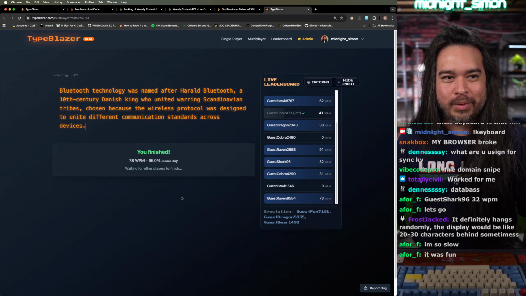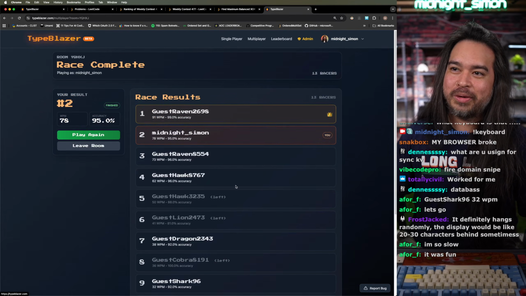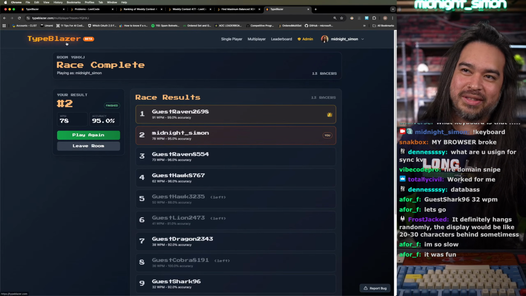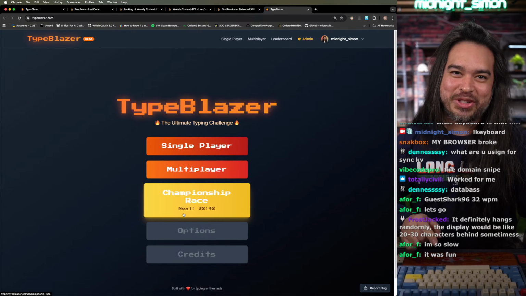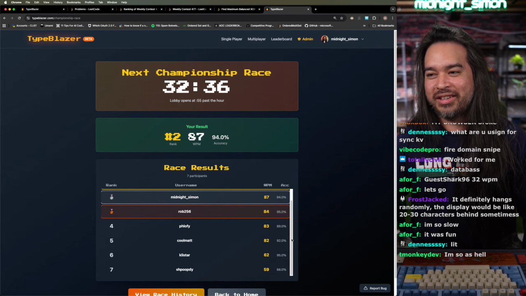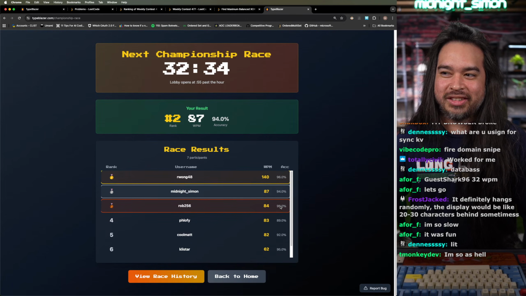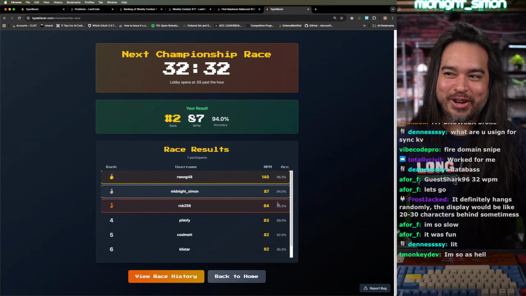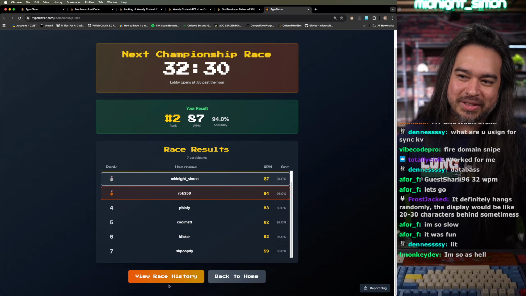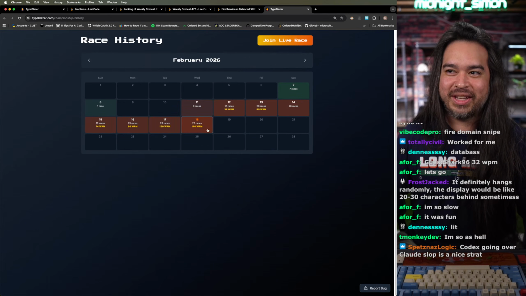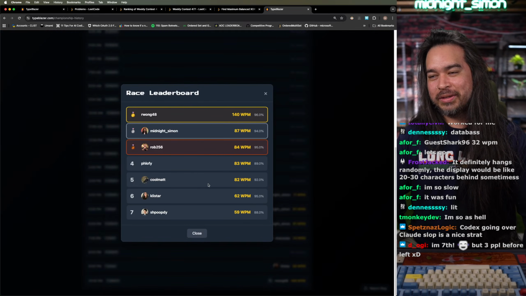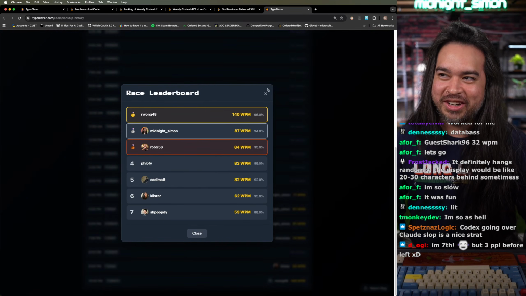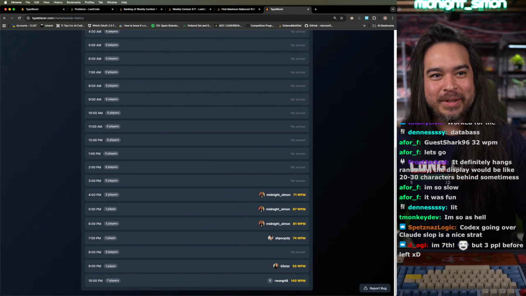Codex 5.3, you know. The whole idea behind the site is to have these little multiplayer races, but there is a championship race on the hour, every hour, and it's still a work in progress. But today's been pretty stable. Today's probably the first day it's been working correctly. So every hour, if you want to race, you gotta come back on Type Blazer.